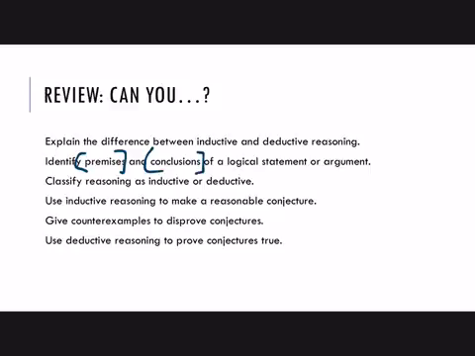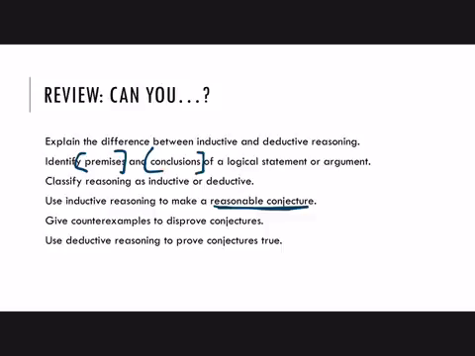We classified reasoning as inductive or deductive based on what type of premise we had. We used inductive reasoning to make reasonable conjectures, right? Looking at a pattern. We did some with numbers or figures, right? And tried to decide what came next. We made reasonable conjectures. We didn't know that they were true, but it was a best guess.